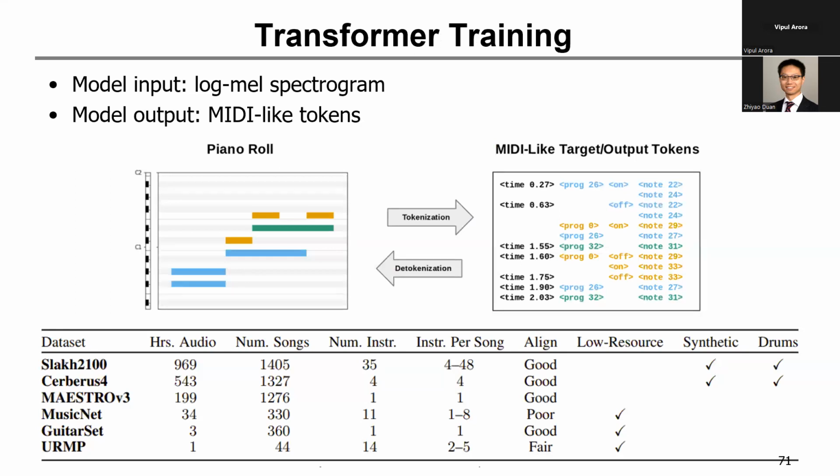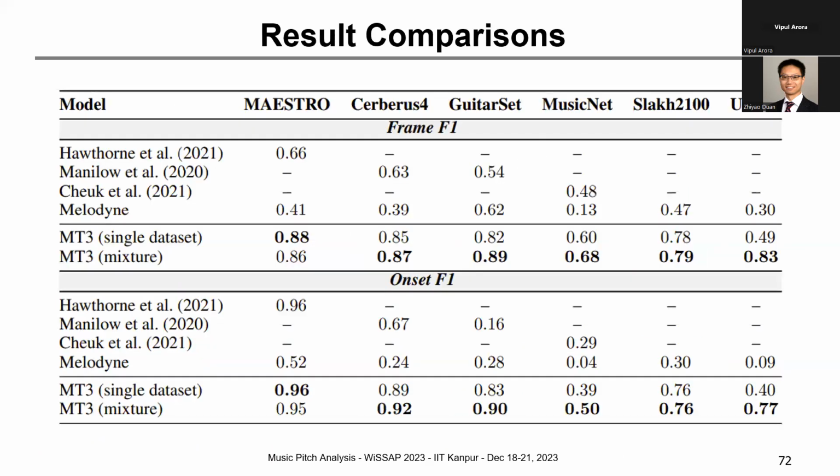And then they use transformers to map these 2 sequences, the log mel spectral sequence to the token sequence. That's it. They just train on these datasets. These are the data they use to train. The hours of audio, you can see, is quite large. And this is the result.